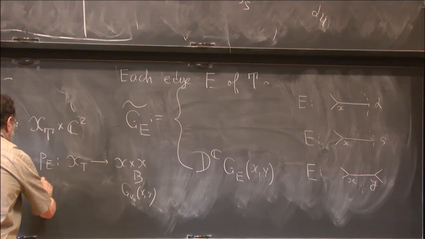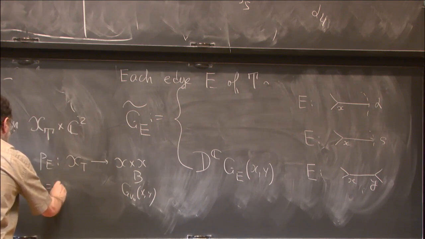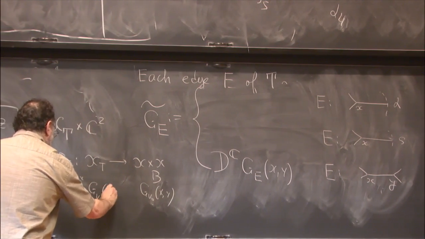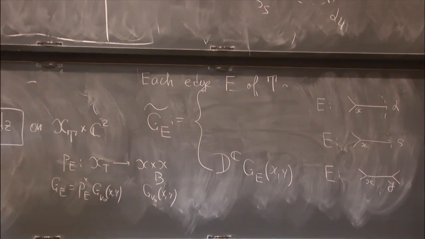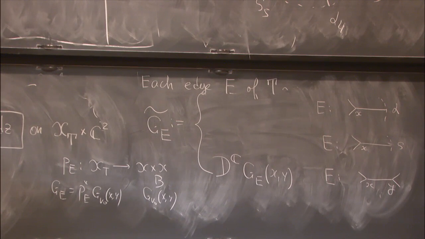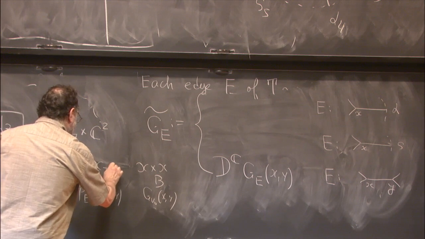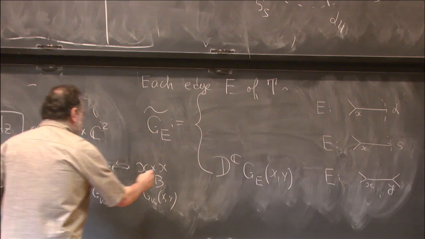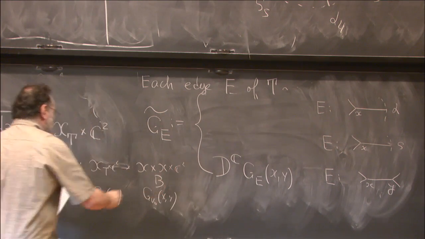Now you just pull it back, and this G_E is just the pullback of this function to this big space. If you want, I can put C2 here, but the function is just there.